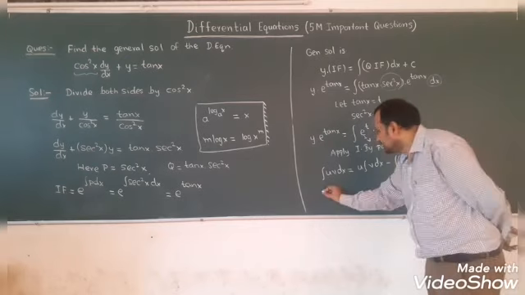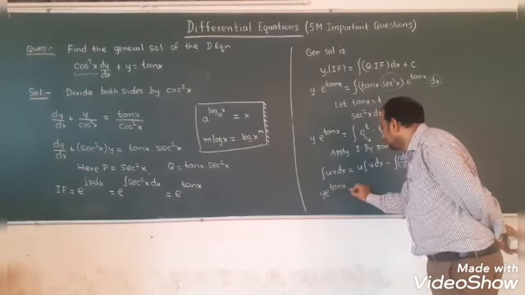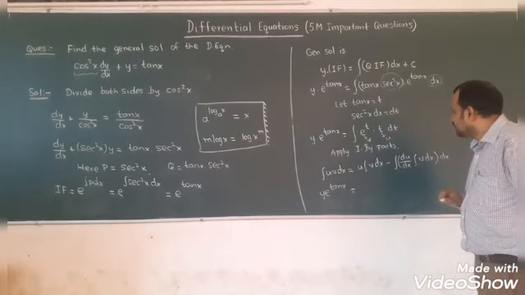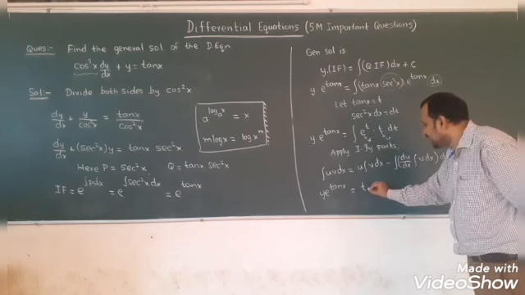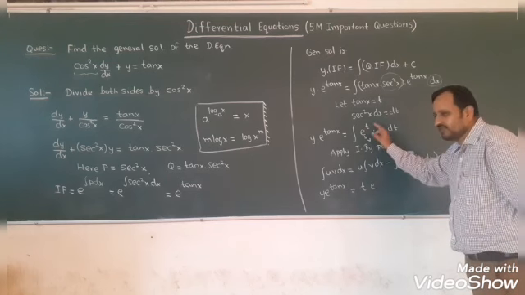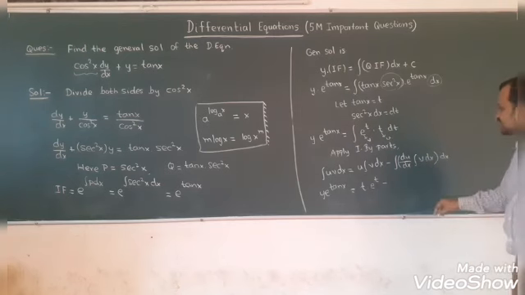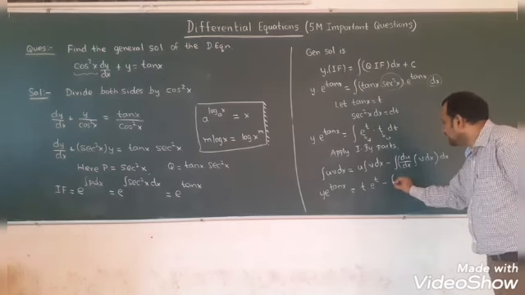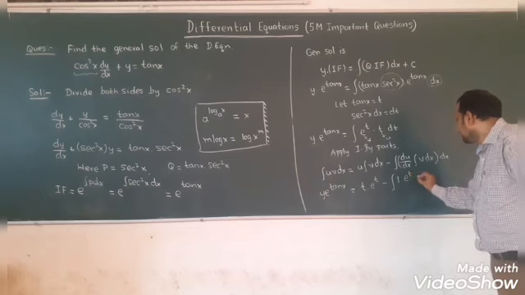Now y into e power tan x is equal to, now apply the formula. So u is t, the integral of e power t, I am writing directly, is e power t, minus the differentiation of u. So the differentiation of t is 1, the integral of e power t is e power t, dt.